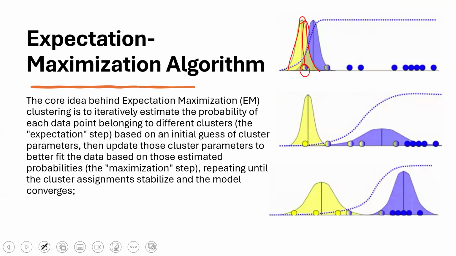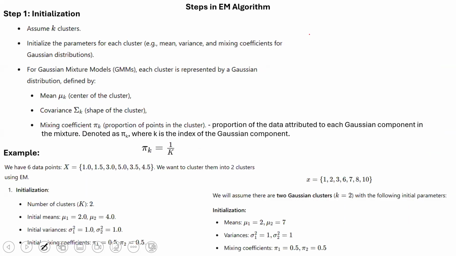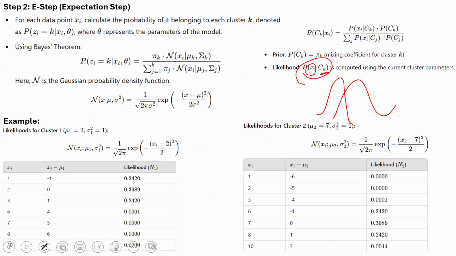The probability of a point xi belonging to the cluster ck is given by the Gaussian normal distribution, and we know the formula for the Gaussian normal distribution is this. Using this, we calculate the likelihoods, and the mixing coefficient is nothing but the prior probability. Once we know these two values, we can calculate the probability of a point belonging to a particular cluster. This way, we calculate the probability of all the points belonging to a particular cluster.